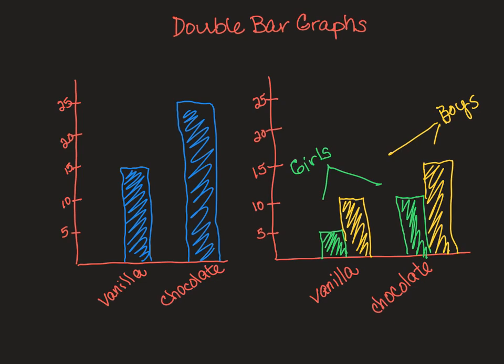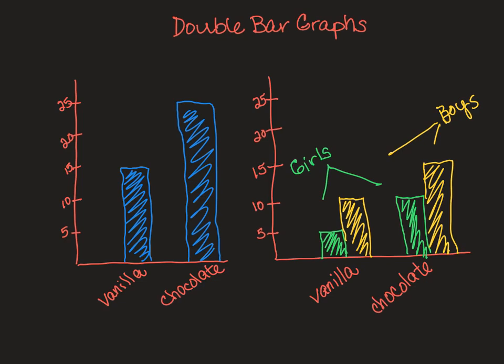And what you're going to do is you're going to make one double bar graph. In the frequency table and the pie charts, there are going to be 2. You're going to make a separate one for each of the questions. But with the question for the double bar graphs, you're going to put both of the questions, the data, on one double bar graph.